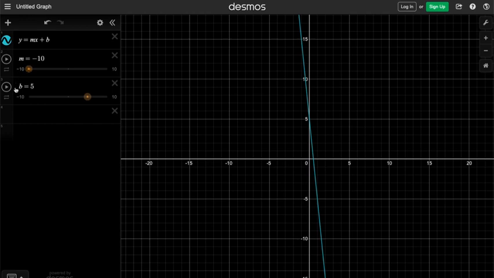How about the y-intercept b? What b does is to control the intersection point between the line and the y-axis. Right now, b is set to be 5, and so the two lines will intersect at 5. If we change the b, then you can see that your new intersection is -6.4.